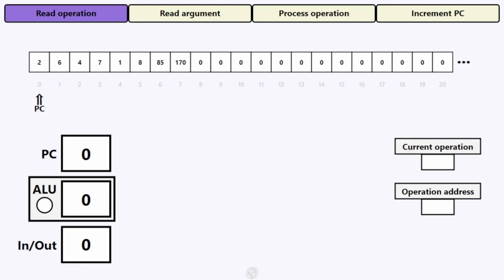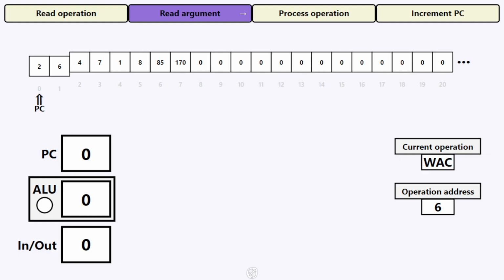We read the operation at our program counter, our bookmark. We interpret that as an operation. This time it's write accumulator. Write accumulator requires an address. We need more data than is provided in a single memory cell, so we load the next memory cell over. We read the argument, which gives us a 6.